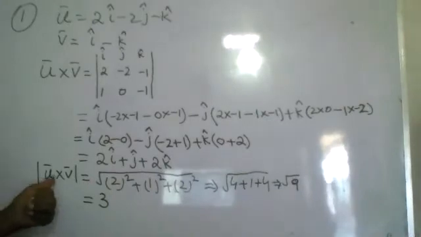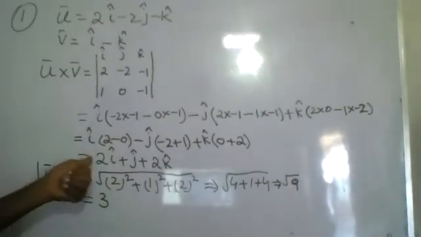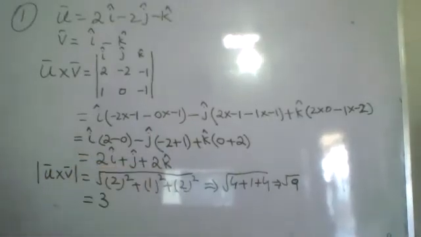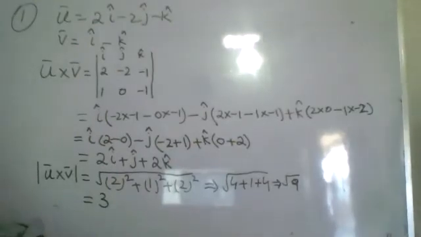The magnitude of v cross u will be the same, only the direction will be opposite. The signs of the i, j, k components are opposite. This is the method of how to find u cross v and v cross u.